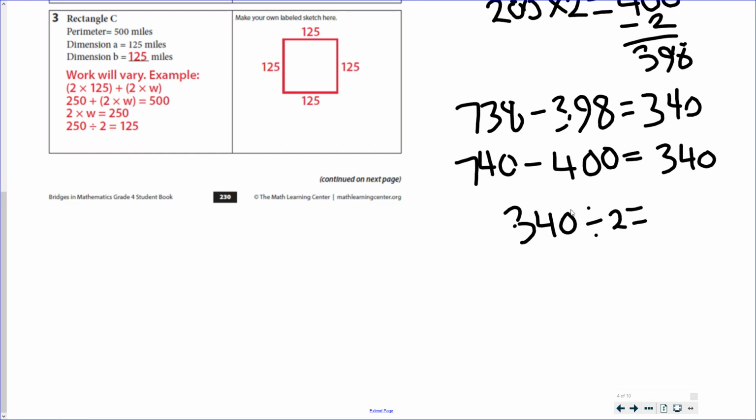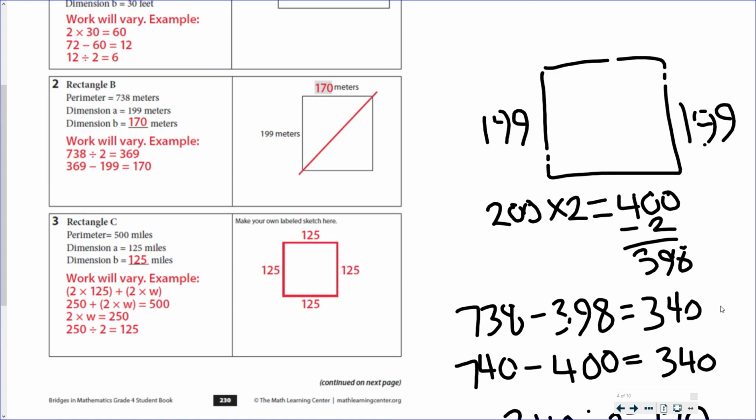For those of you that don't want to divide such a big problem, just knock that 0 off and divide the 34 by 2. You're going to get 17, add the 0 back on, you get 170. So essentially, we're back to what the problem said.